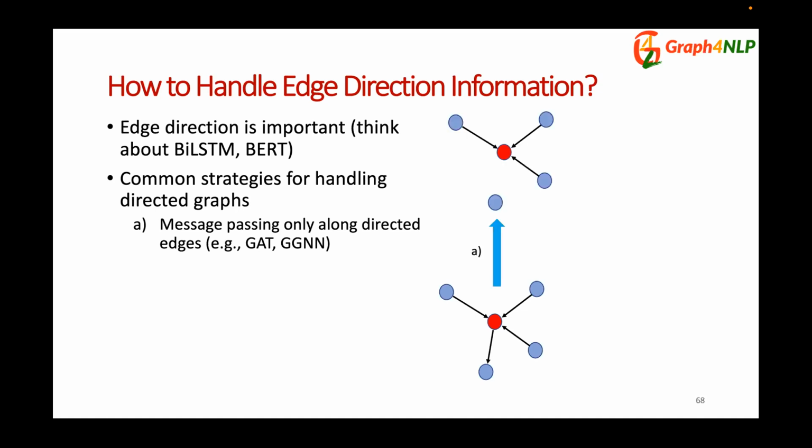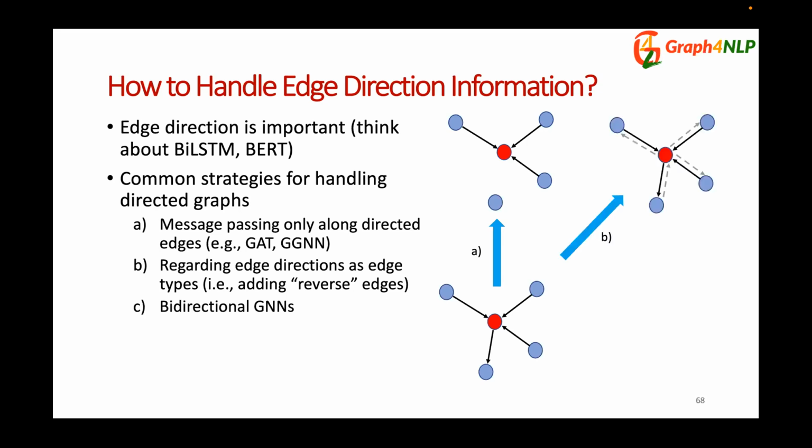Two, we can choose to regard the edge directions as edge types, and then those edge types can capture the edge direction information. And three, we can design special GNN variants for directed graphs specifically, which can encode the edge direction information very naturally. We will talk about the latter two strategies in the next few slides.